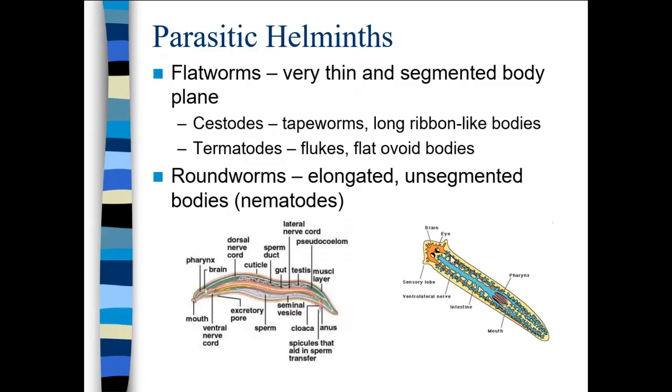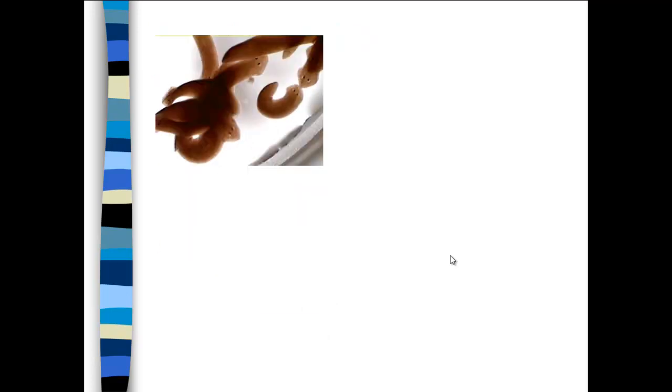Okay, here's a fluke. The fluke, I believe that their mouth and their anus are the same thing. And so they eat through their mouth, they digest the food, and then they excrete the waste also through their mouth. Okay, just in separate cycles. Okay, here's some flukes. They're so cute. You can see their little eyes.